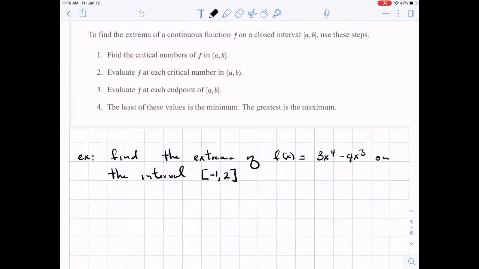Now note, you should note here, the interval is closed.